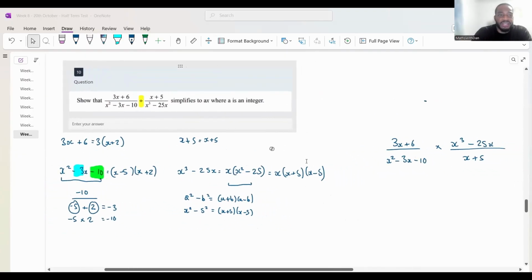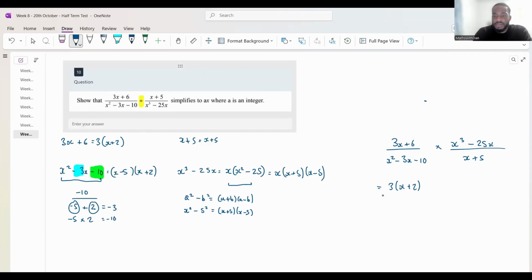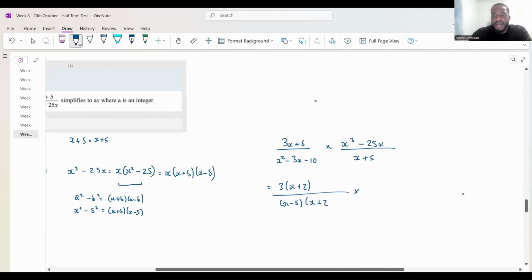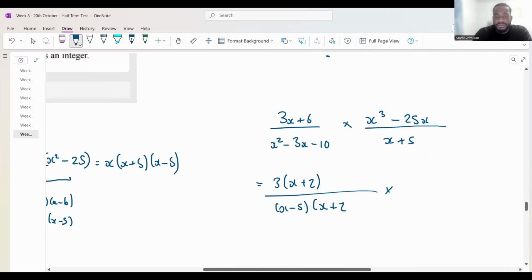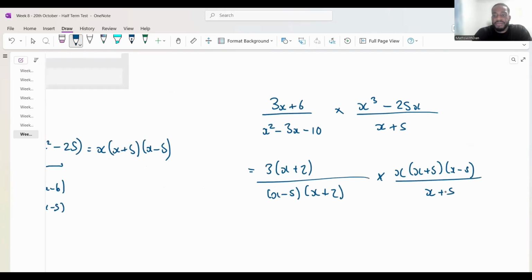All we need to do is just put these in. 3x plus 6 factorized to 3 bracket x plus 2. The denominator is x minus 5, x plus 2. And then we're going to times this by, well, the numerator is x and then x plus 5 and then x minus 5. And then the denominator is just x plus 5, like that.